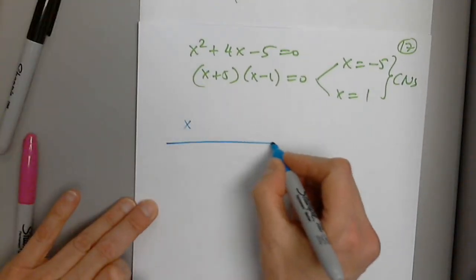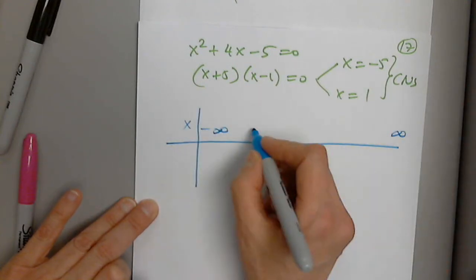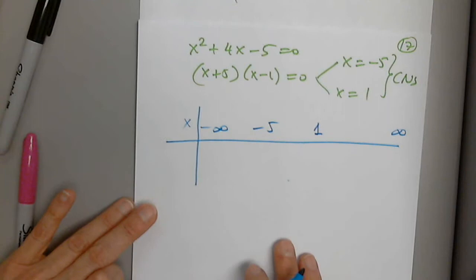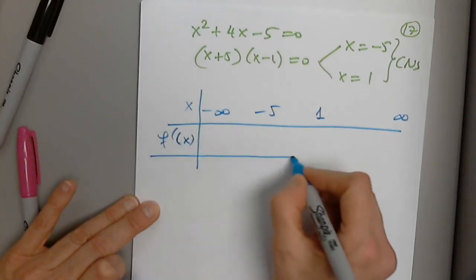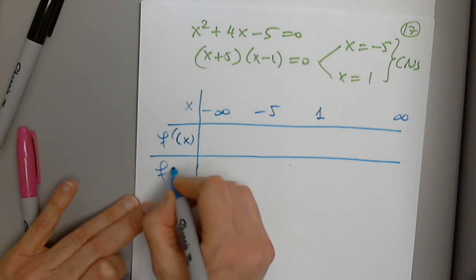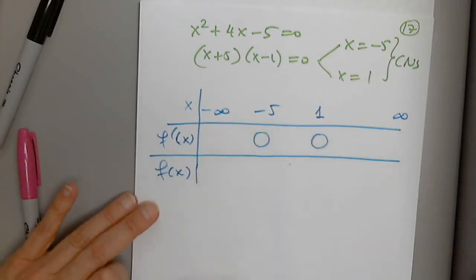And then after this, I'll stop. So -infinity to infinity, -5 and 1. Here is f prime of x, and here's f of x. Obviously 0 and 0.